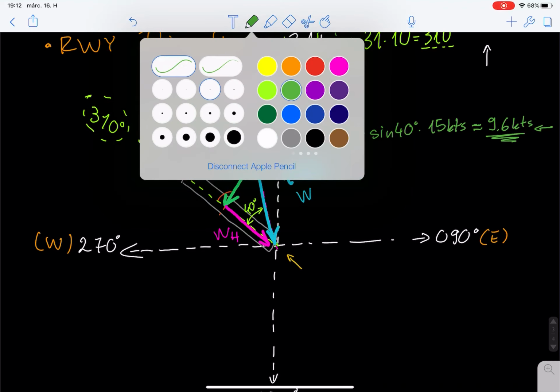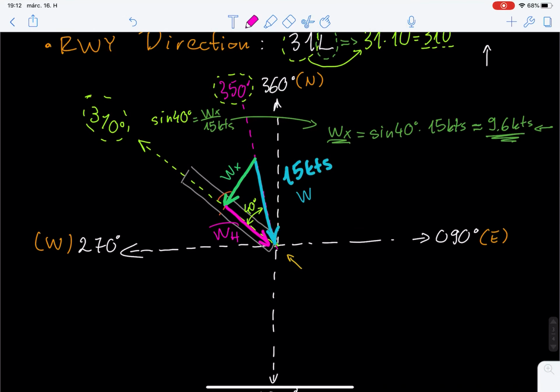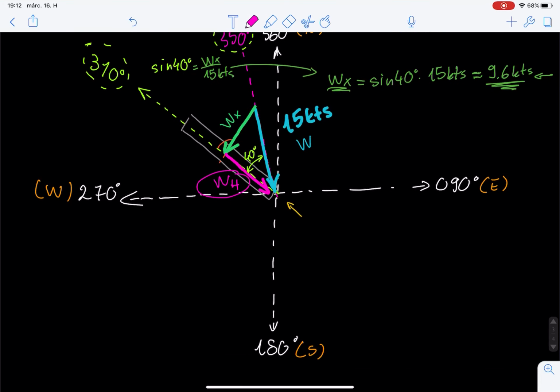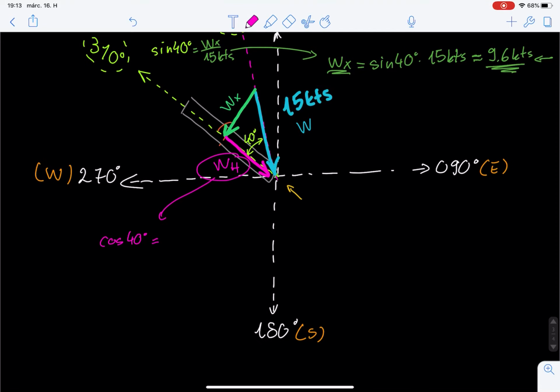Next we're going to calculate the headwind component with the help of the cosine function. So cosine 40 is the adjacent side over the hypotenuse, which is 15 knots. So WH, the headwind component, over 15 knots.